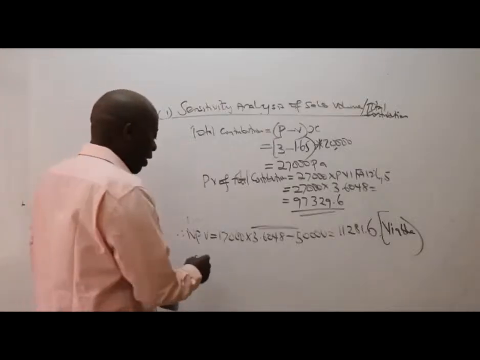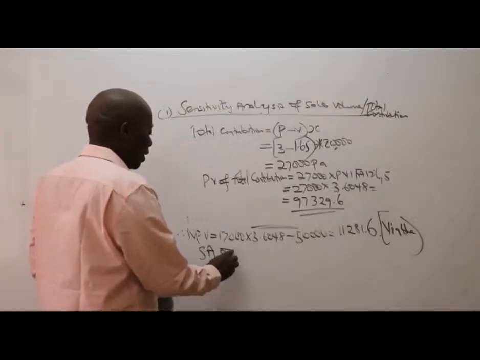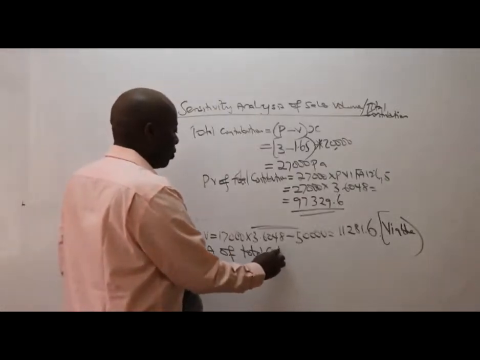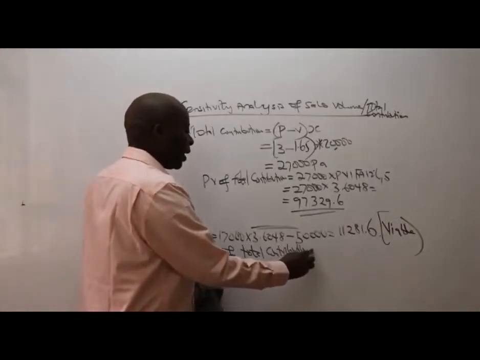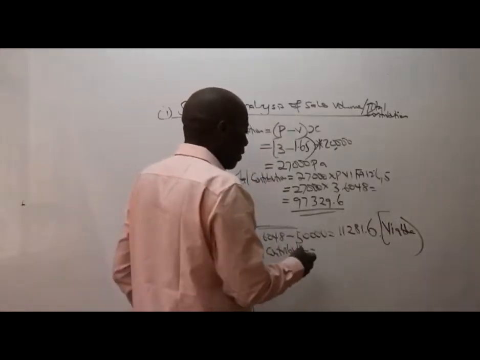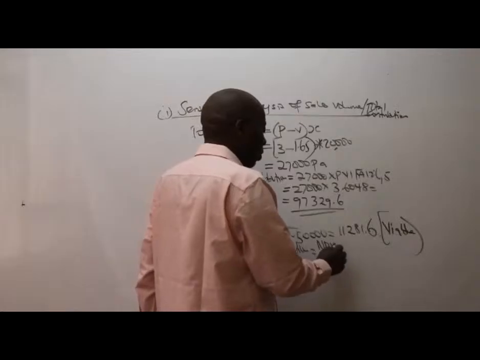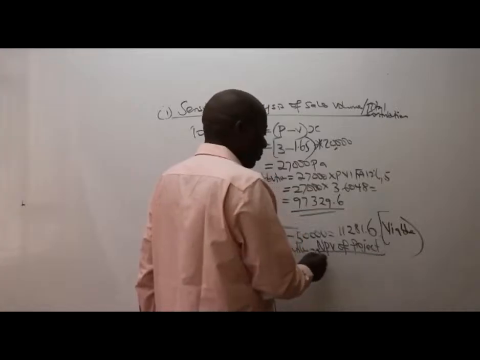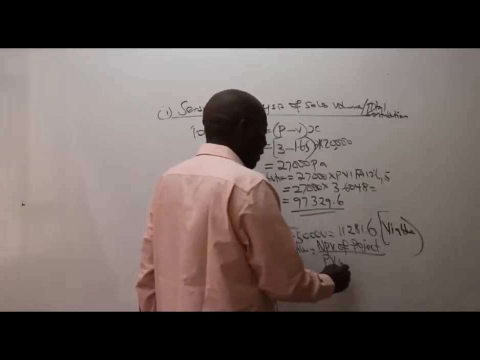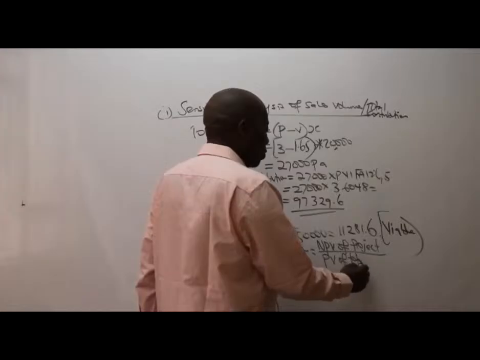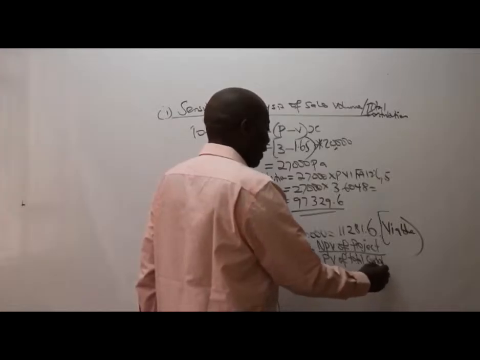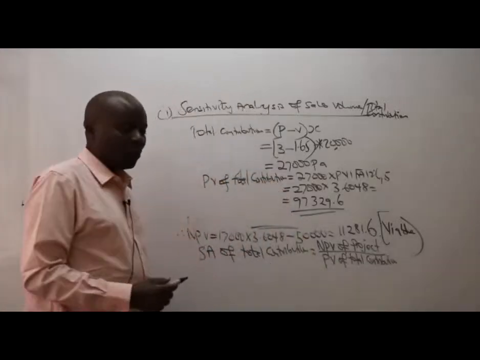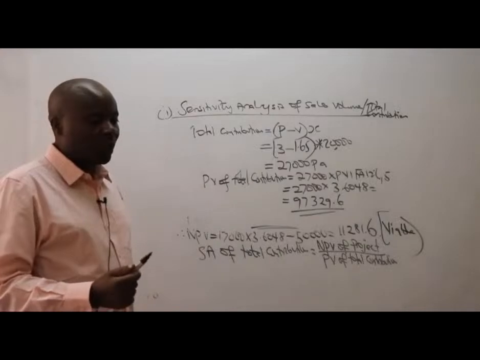To get sensitivity analysis of total contribution, the numerator is the NPV of the project, all over the present value of total contribution. That is the formula that I would want you to take home today.